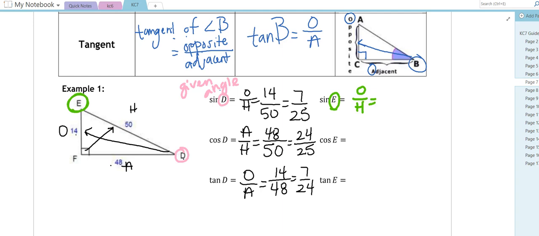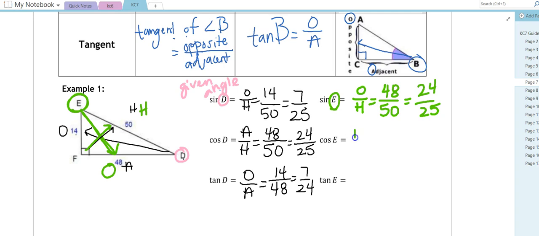The opposite from angle E, so go from this angle, basically draw a line to the other side, and that's going to make 48 my O now. My hypotenuse, however, still stays the same, right? Because the hypotenuse is still opposite of the 90. That's not going to change no matter what our given point is. So 48 over 50 simplifies to 24 over 25.